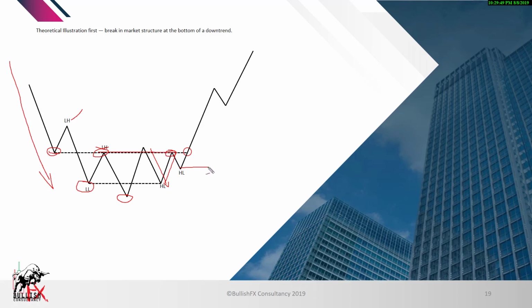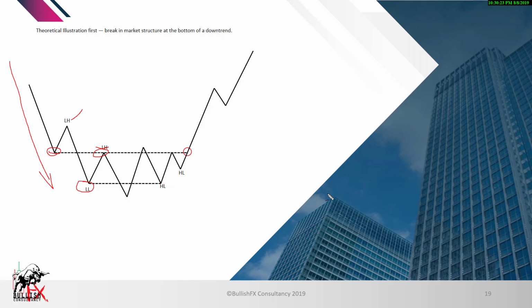Then this one comes in, it forms a higher low. You see, we've got a higher low here which has been formed after this. Higher low, higher low. Already we've got the baby steps, the infant stages of an uptrend, market moving to the downside. The moment it breaks above, you see we've got a channel here, consolidation at an important level of the structure.